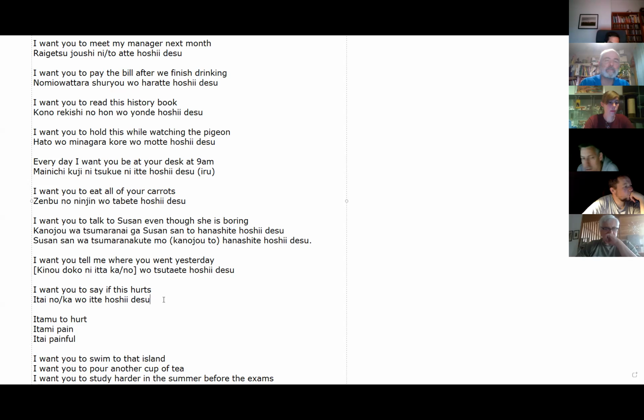With this kind of sentence, to make it a little bit easier to converse, because at the moment it's really short and it's not quite clear what this is saying. So we can make this a little bit more comprehensible. This is basically what you're saying in English: I want to say if this hurts or not.